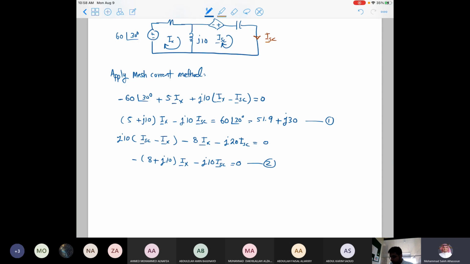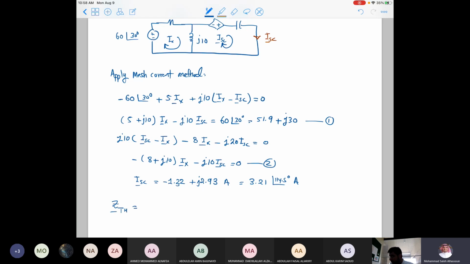Anyhow, if I solve for it, I will end up with a short circuit current equal to -1.32 plus j2.93 amperes, or in polar form, 3.21 angle 114 amperes.